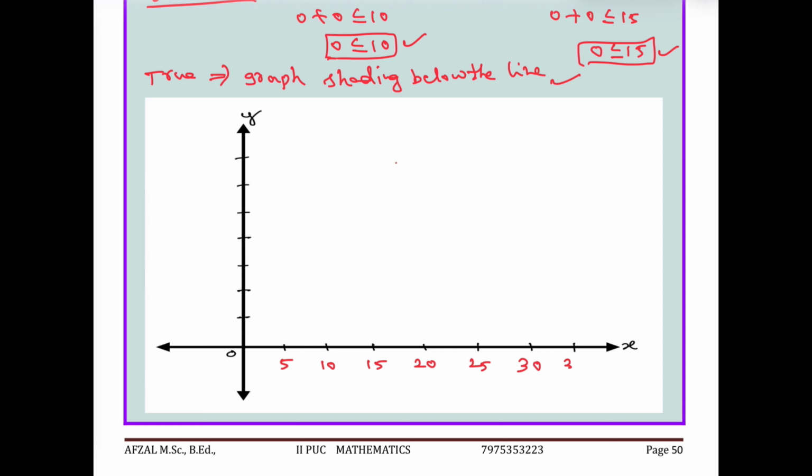Next, 14th question. Probability of B is 0.5 and probability of A intersection B is 0.32. Then probability of A by B, the formula is probability of A intersection B divided by probability of B. Probability of A divided by B equals to probability of A intersection B, 0.32, divided by probability of B, 0.5.